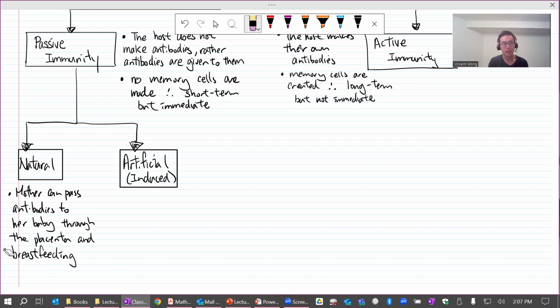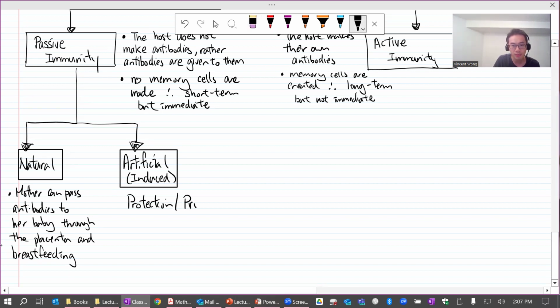All right, next one. Artificial passive immunity. There are a couple of examples here. We can use it as protection, or prevention. An example would be using a serum.